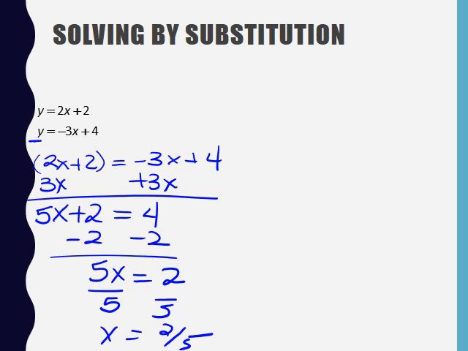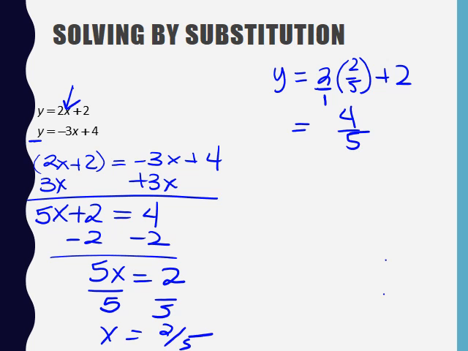Again, it doesn't matter which equation I put it in for. I don't like negatives, so I'm going to put it into the first. So I get 2 times 2/5 plus 2, putting the 2/5 in here. If I multiply, remember 2 is the same as 2 over 1, so I get 4/5 plus 2, or 2 is equivalent to 10/5.